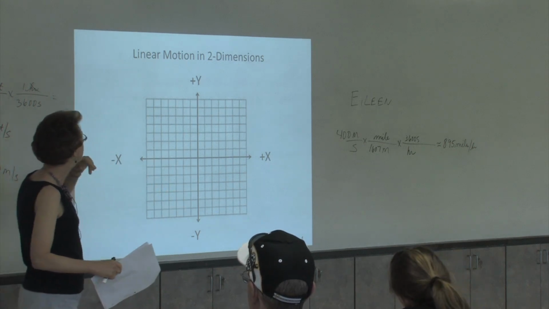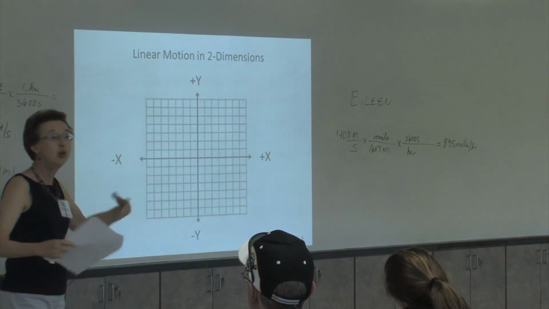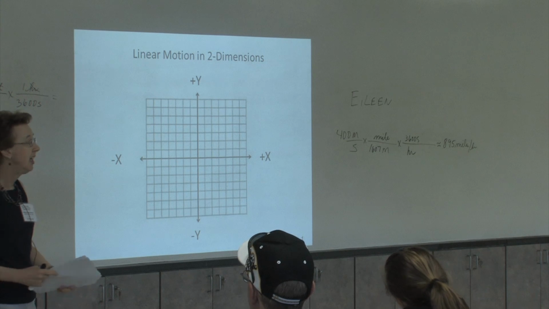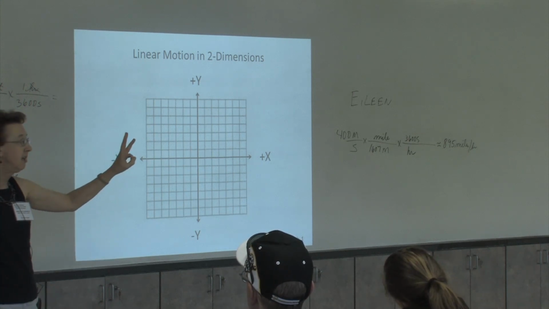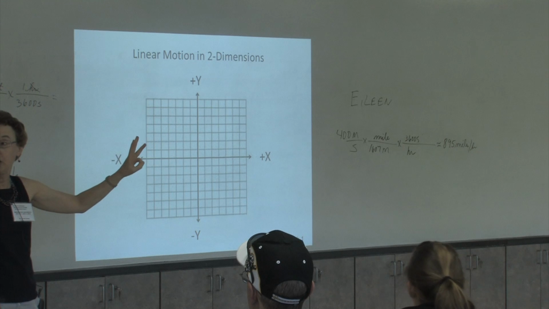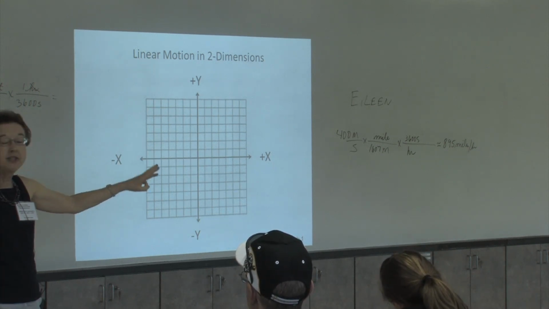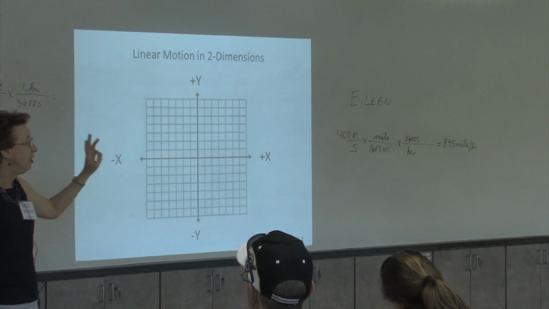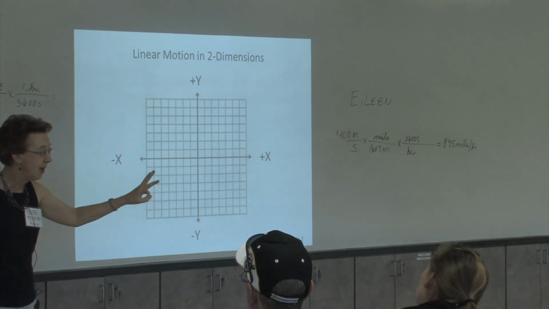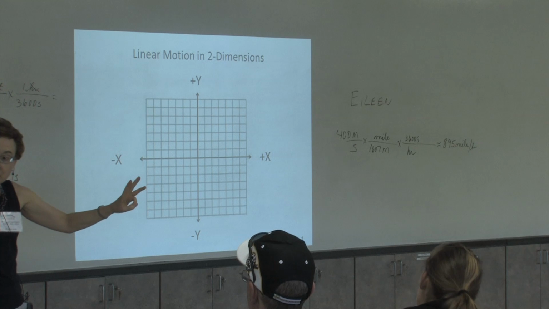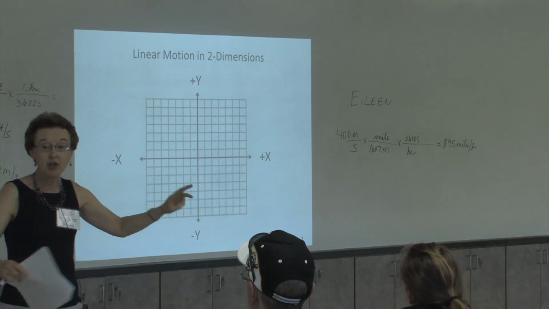Okay? And there are going to be 3 main equations we're going to use to solve these crimes. You don't have to memorize the equations. I'm going to give them to you, but you have to know how to use them.